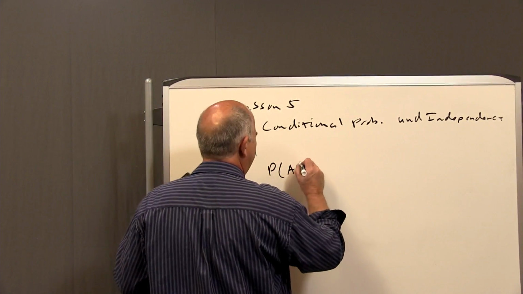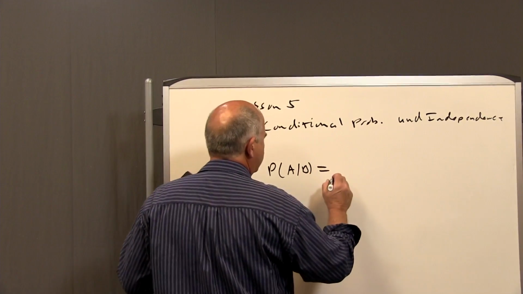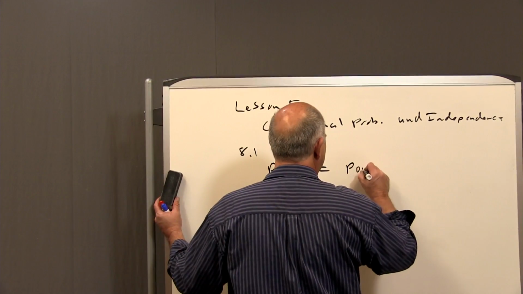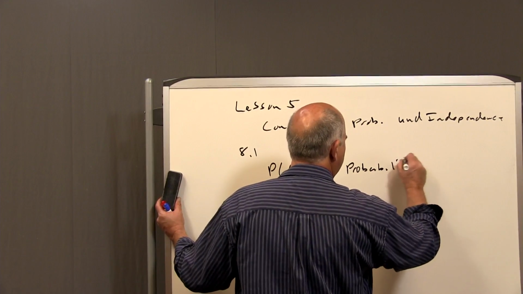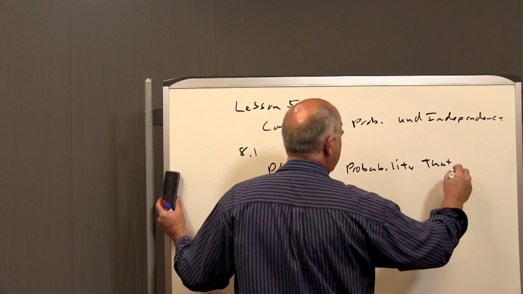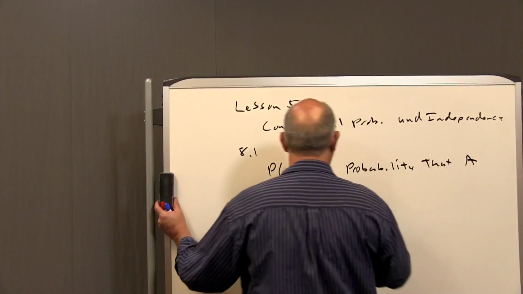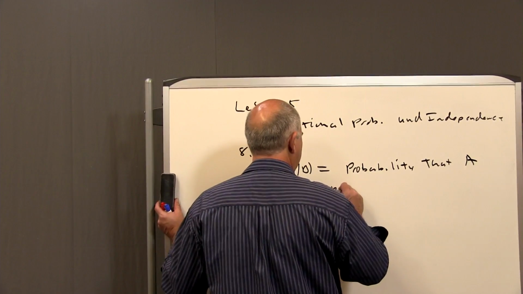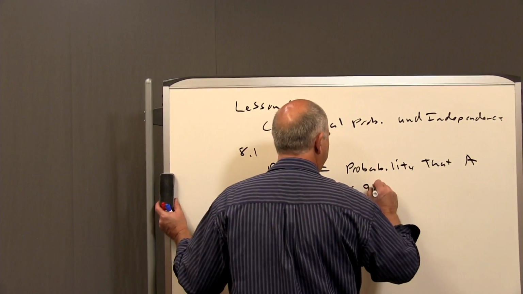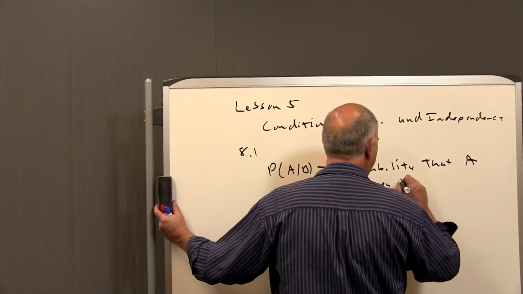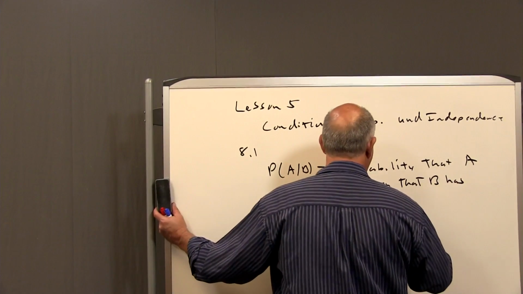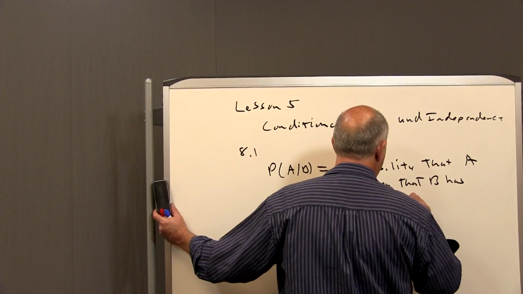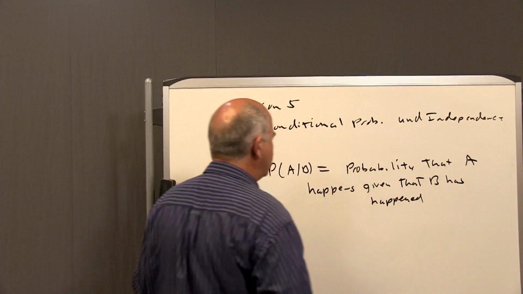Probability of A given B is the probability that A happens given that B has happened.